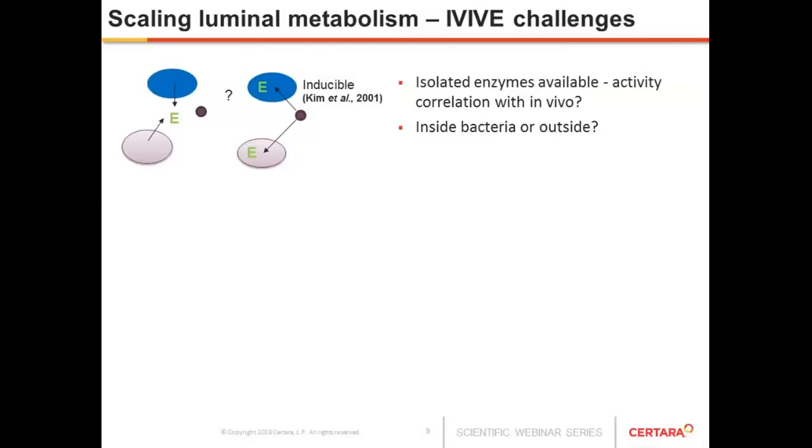Here the blue and the purple boxes indicate different species of bacteria in the gut lumen. Because these different species can produce the same enzyme, we don't know what is the correlation between bacteria and the enzyme. The second question is, does the drug enter bacteria to get metabolized, or does the bacteria secrete enzyme in the lumen to interact with the drug?